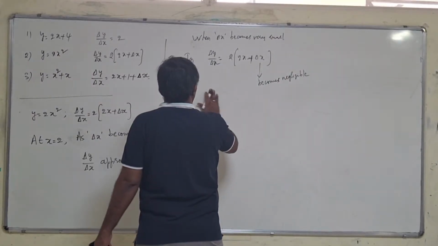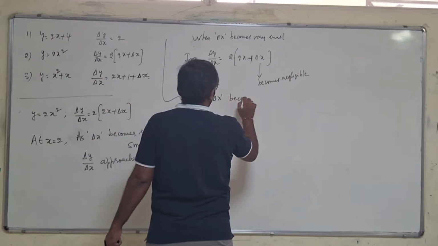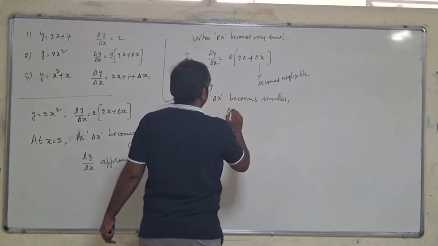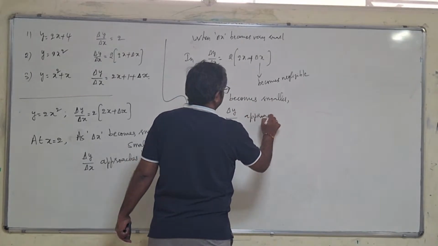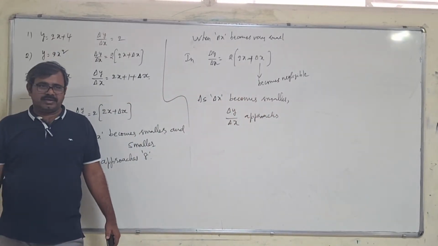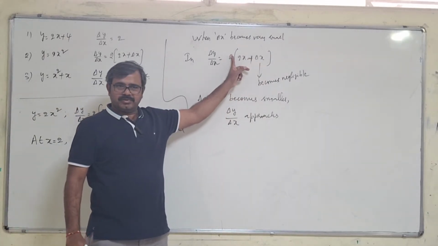In other words, as delta x becomes smaller, delta y by delta x approaches, can I say 4x? If I neglect delta x, what do I get here? 4x.